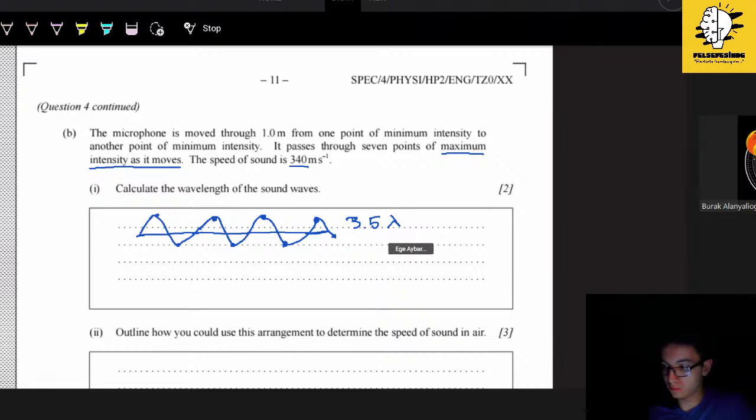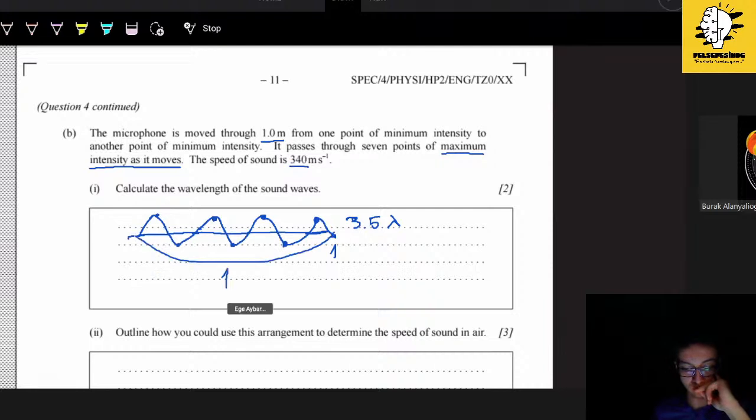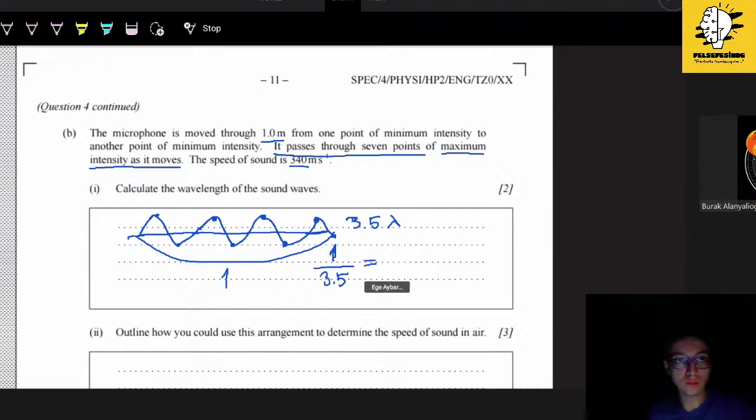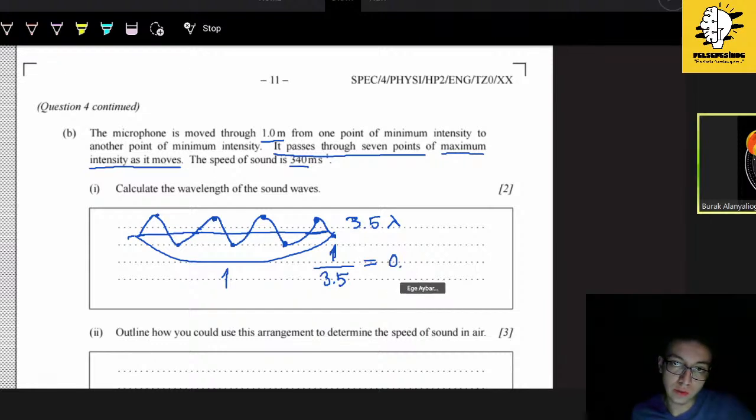The microphone is moved through 1 meter from one minimum to another, so this whole part is 1 meter. We need to divide 1 over 3.5 in order to find the wavelength, where we find, I think, 0.29 meters.